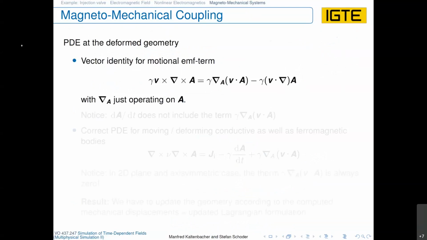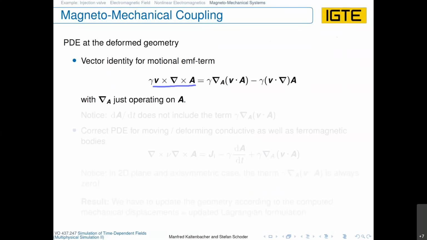We have now a very interesting vector identity which we can explore, and that is that we can rewrite our classical motional EMF term as follows: as one term where we take the gradient of the dot product between velocity and magnetic vector potential, but the nabla operator is just operating on the vector potential.